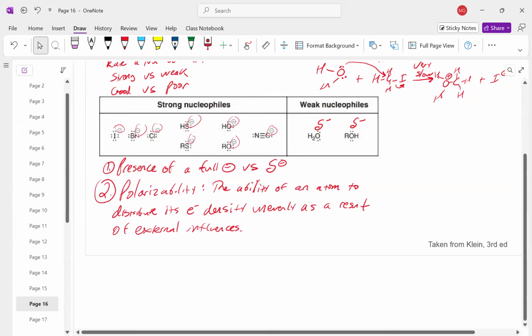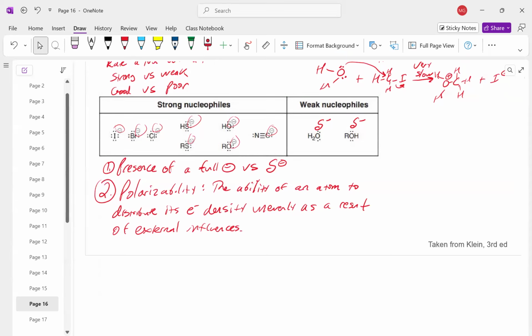Basically, a good trend to remember is that the bigger the atom is, the more polarizable it is, because those electrons in the outer shell are farther away from the nucleus. Then it's easier to influence those electrons because they're not held captive, so to speak, by the nucleus.